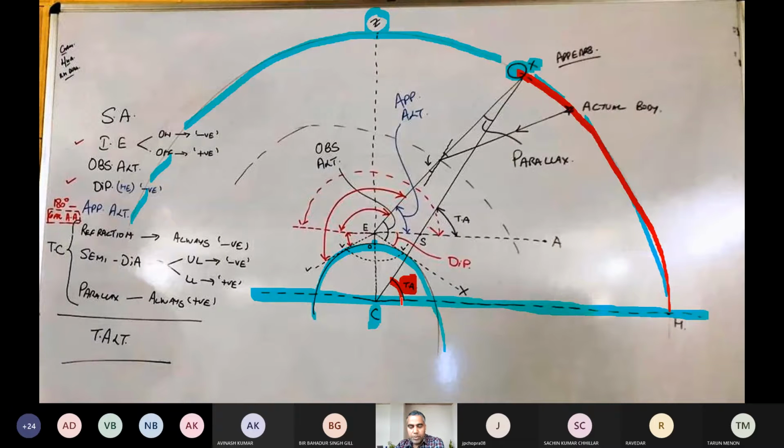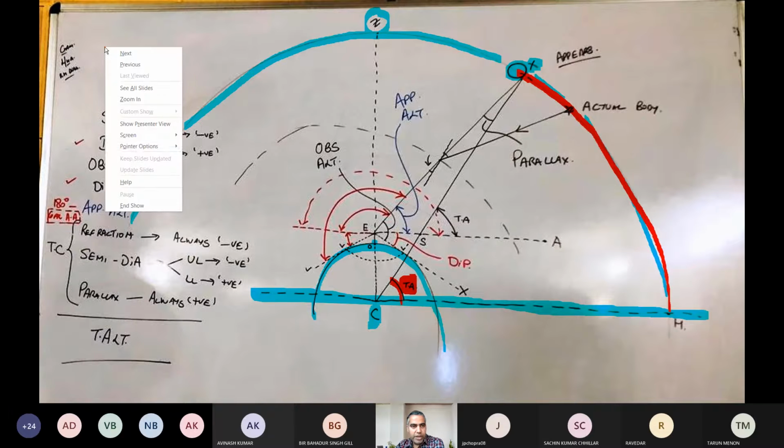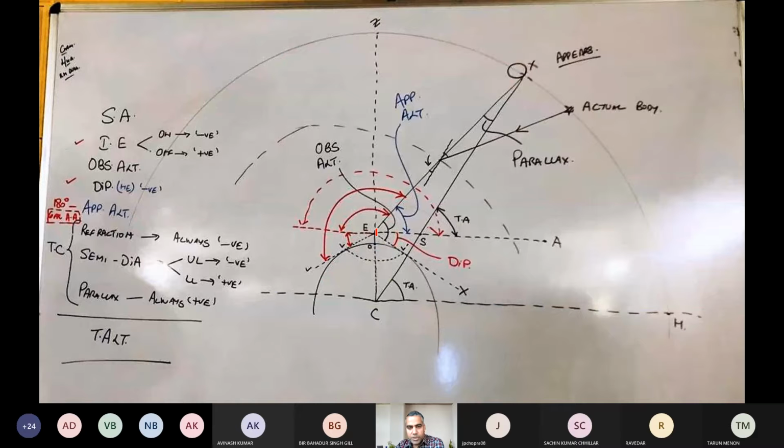Now, what angle do we obtain from the sextant? See, the observer's eye is at point E. You can see point E here. This is where the observer's eye is. When the observer sees the body, this is the line of sight. And the observer sees the visible horizon.